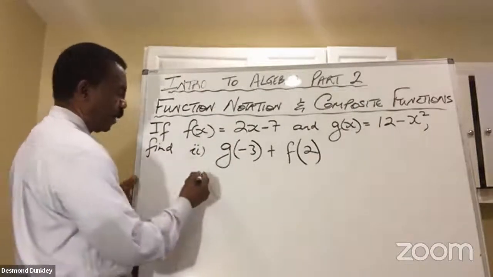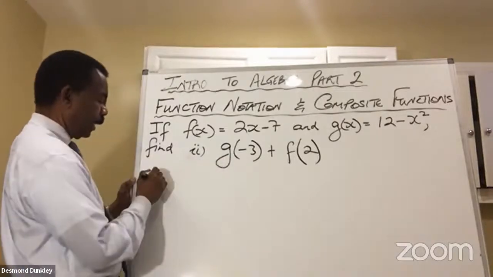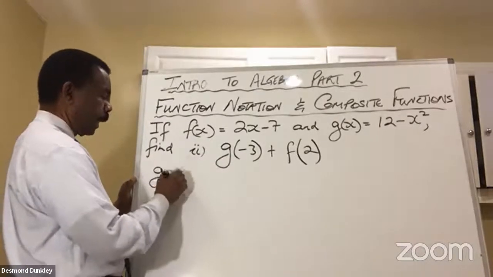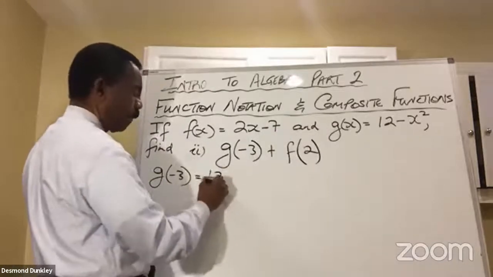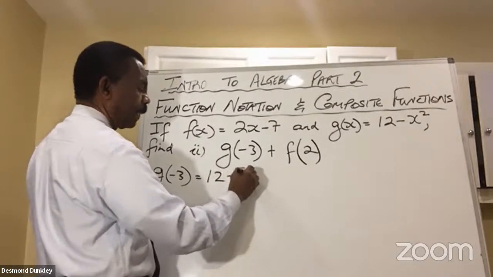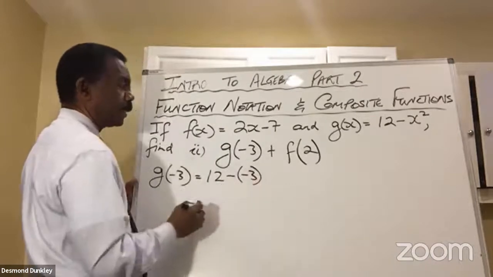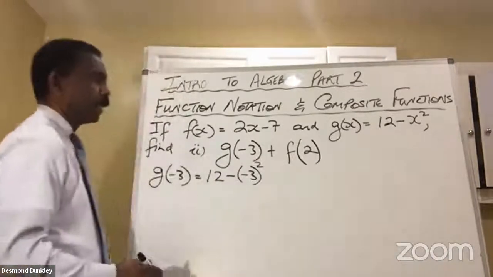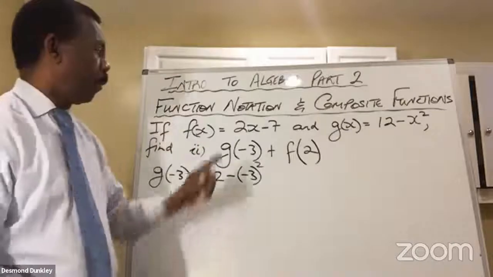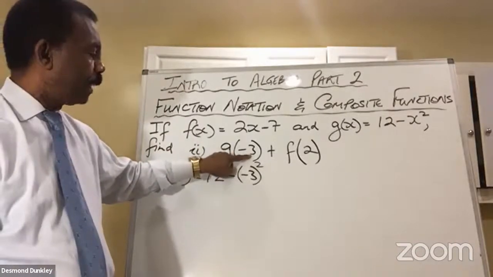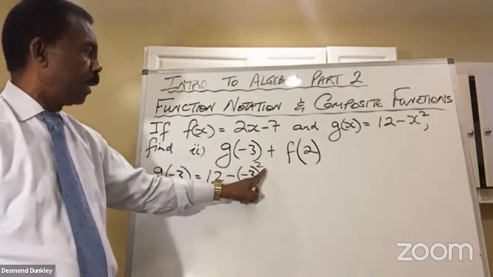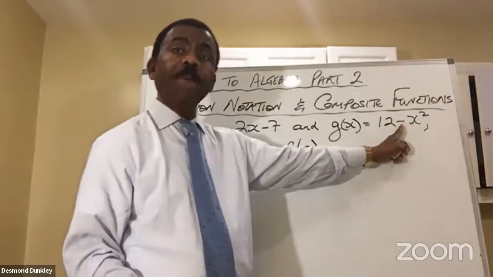So here we go. G of -3 is going to be equal to 12 minus -3, put it in parentheses, squared. It is X squared. What is X? X is what is in the parentheses. Whatever is in the parentheses, square it. And there's a subtraction sign in front of it.